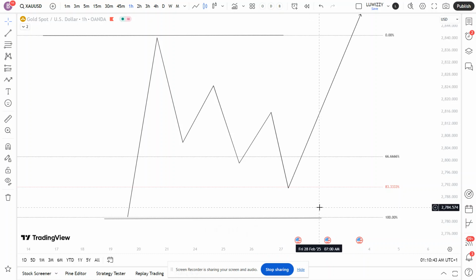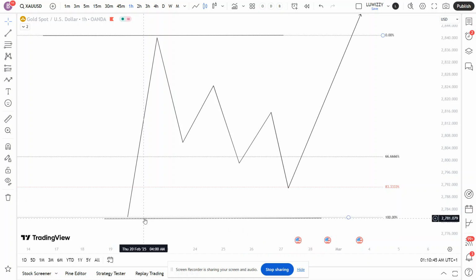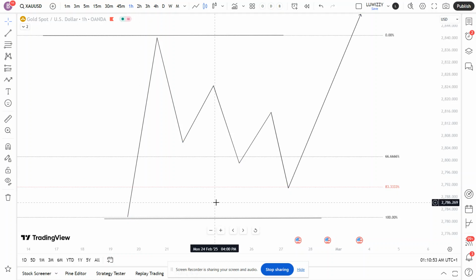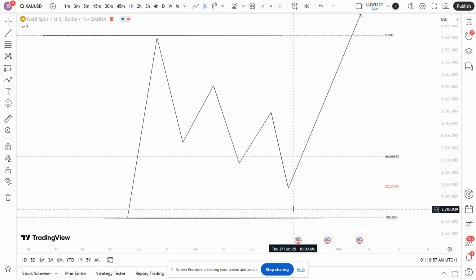It's not expected to close there, it's expected to leave a wick. Because most of the POIs of that range you are trading into are positioned at this 83.3%. And when price approaches a POI, you expect price to wick the POI and reverse. You don't expect price to close bullish or close with momentum inside your POI.